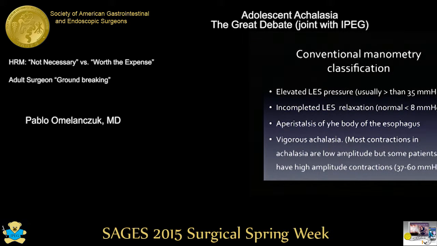The only difference in this classification is the presence of vigorous achalasia, because usually achalasia has low amplitude waves, but there are some patients with high amplitude contraction, and those are the patients that we call vigorous achalasia.